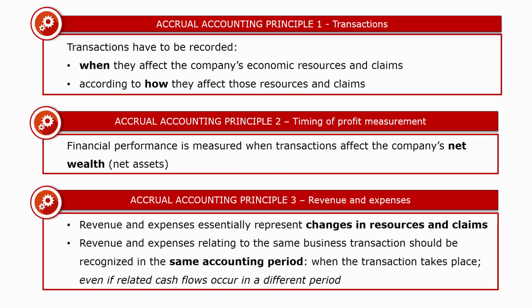Third, revenue and expenses essentially represent changes in resources and claims due to a profit-triggering transaction. Revenue and expense relating to the same business transaction should be recognised in the same accounting period, and that is the period when the transaction takes place, even if related cash flows occur in a different period.